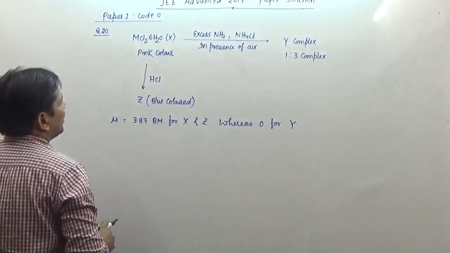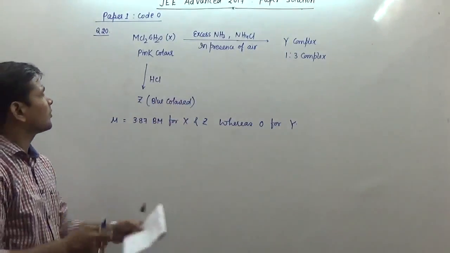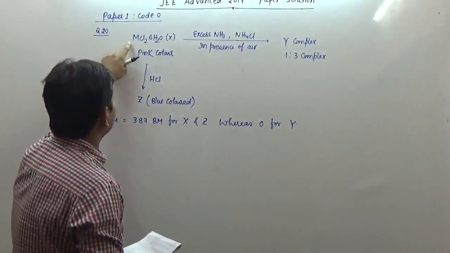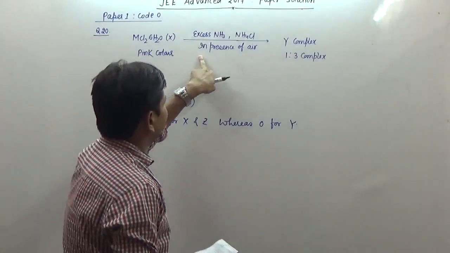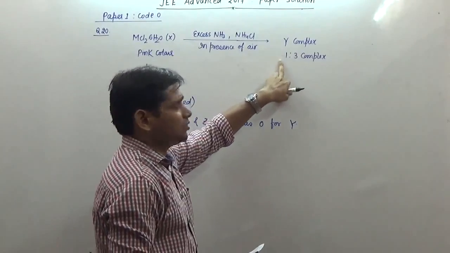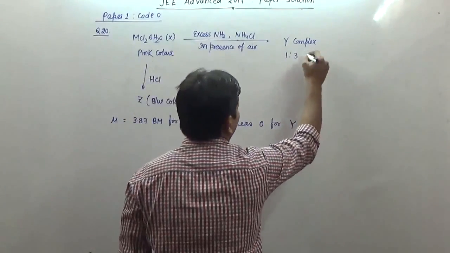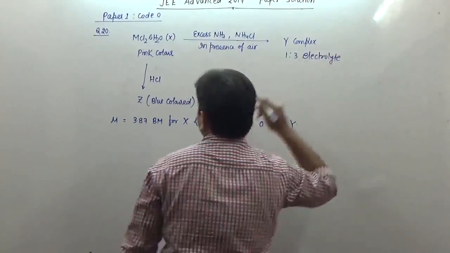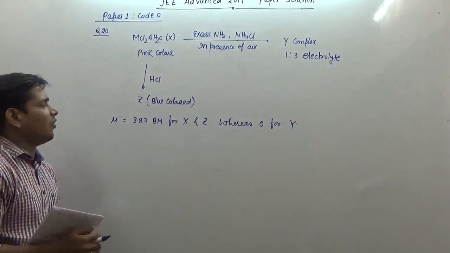Now, if you look at the complexes given here, question number 20 has MCl2 6H2O, that is X, with excess NH3, NH4Cl in presence of air, forming Y complex, that is a 1:3 electrolyte. Not a 1:3 complex, a 1:3 electrolyte here. And again, if HCl is passed on X, Z complex is forming.